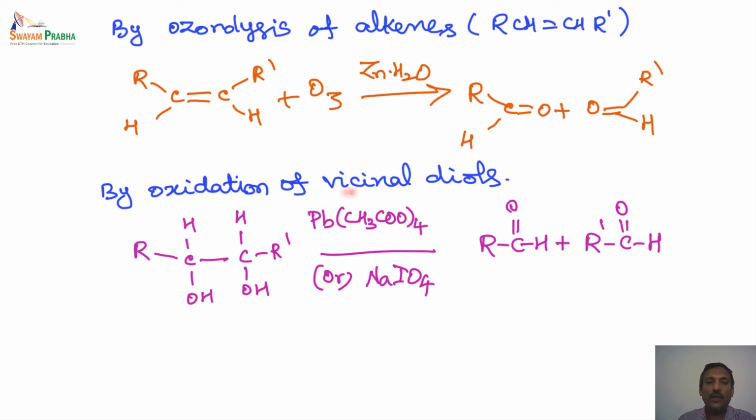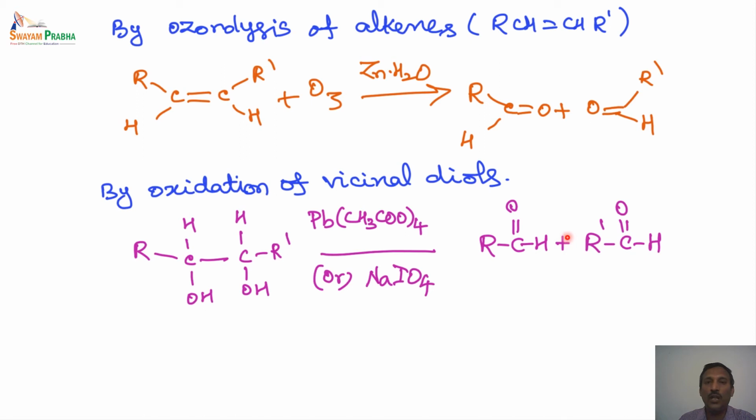Then the next one is the oxidation of vicinal diols. The diol can be oxidized with lead tetraacetate or sodium periodate to produce two different aldehydes. Basically the C-C bond of the vicinal diol is broken to produce this part, RCHO. This is one aldehyde, and this is the other aldehyde, R prime CHO.